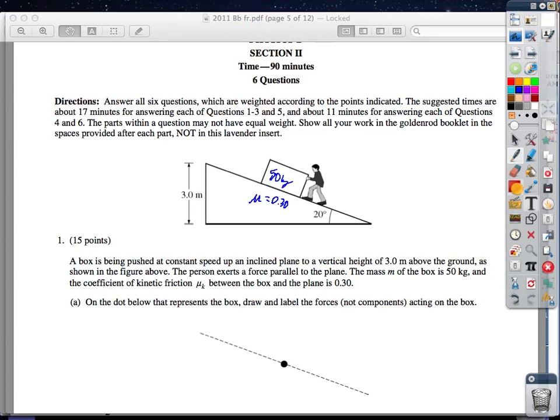So F sub F is no problem because F sub F is mu mg cos theta. So we can solve all that. And then solving for FA, it's just taking that statement where we said FA is equal to FF plus mg sine theta. So then just combining this and mg cos theta. Alright, that's good.